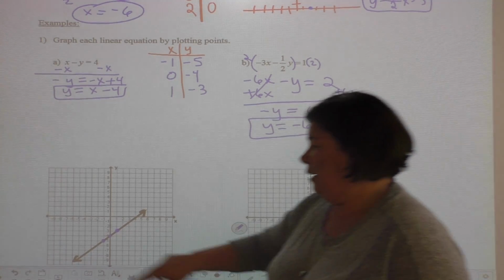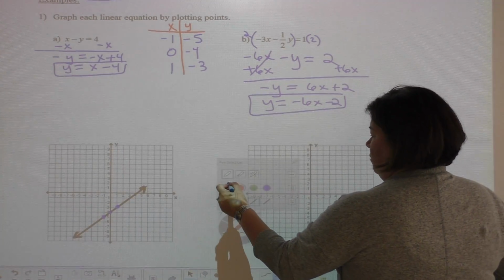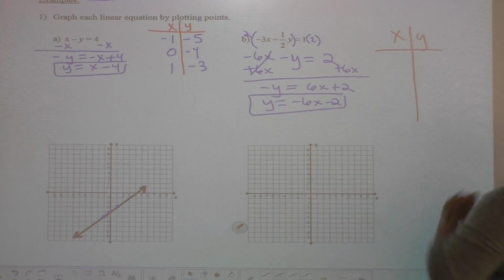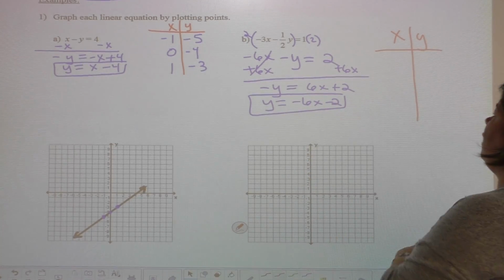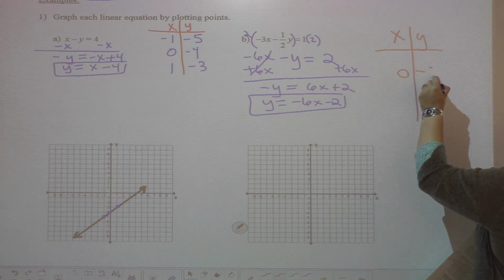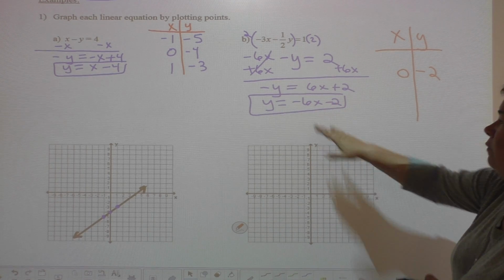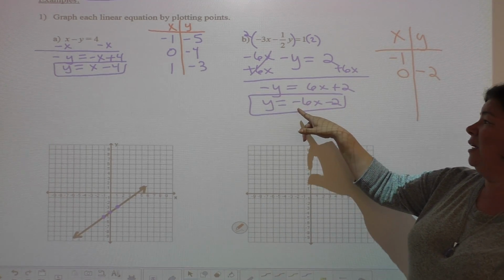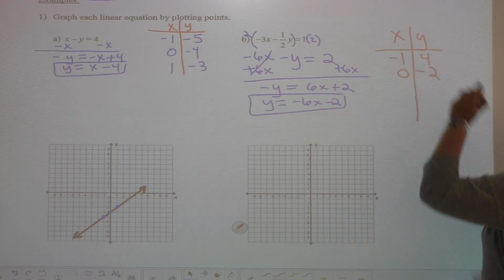So using that equation, I'm going to make a table of values for my x and y's. They want us to plot some points. If I substitute 0 in for x, I'm going to get negative 2 for y. If I substitute in negative 1 for x, negative 1 times negative 6 is positive 6, and 6 minus 2 is 4.